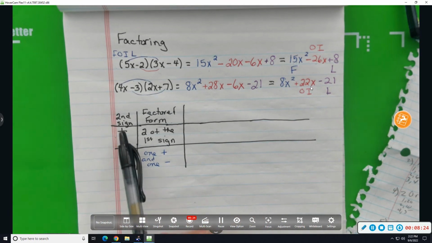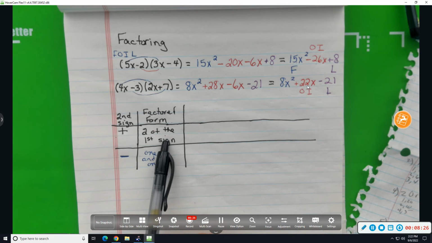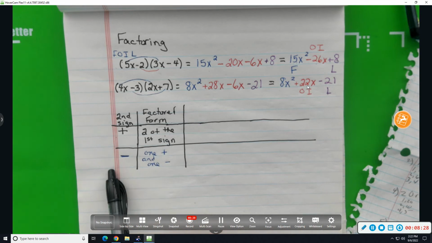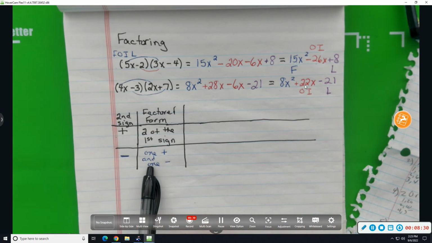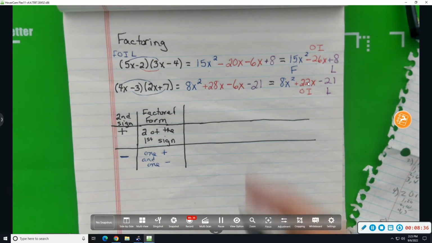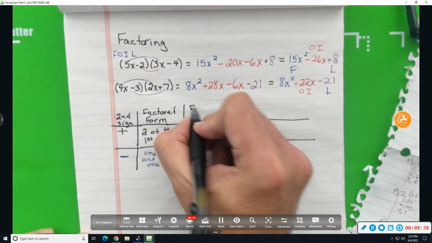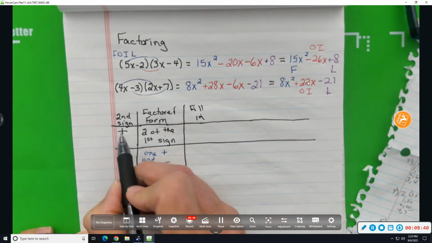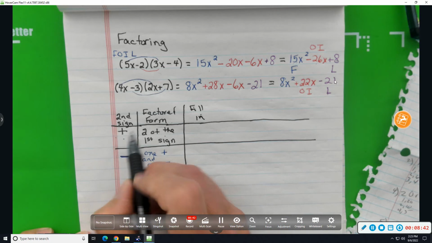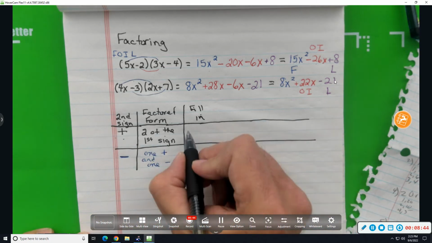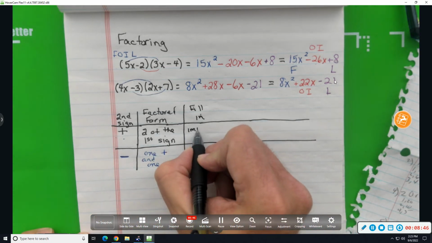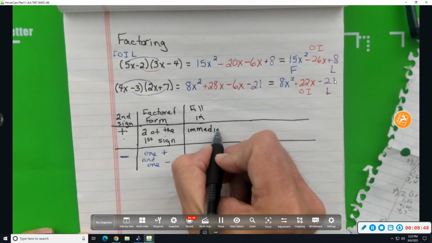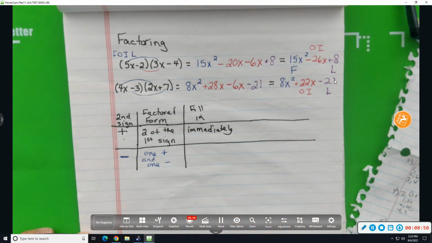So if the second sign is plus, 2 of the first sign. If the second sign is minus, 1 plus and 1 minus. If I'm going backwards, if that second sign is a plus, you have 2 of the first sign, and I fill those signs in immediately. Why? Well, I know that there's 2 of the first.